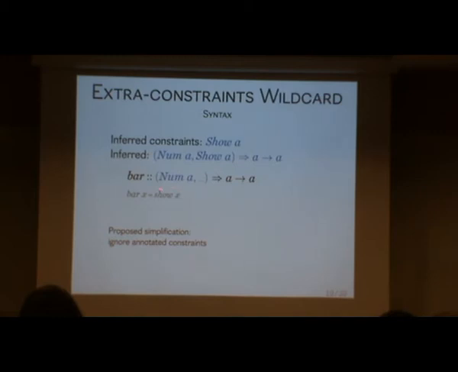I mean, for the implementation, it's much simpler like this. But to drop this constraint, the annotated constraint, I find it kind of counterintuitive. Maybe people have differing opinions, which tell me about it afterwards. So I would propose to still go with this instead of dropping the annotated constraints.